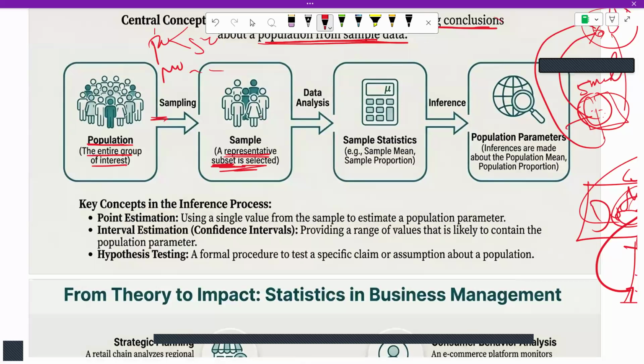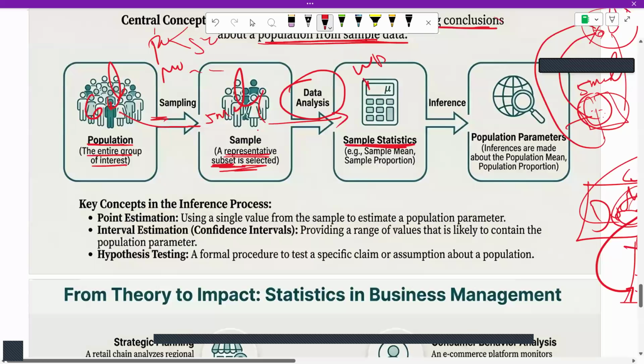Next, the sample. Do the data analysis. This is 6 liters of blood, and from the 6 liters, he takes 5 ml, and the MLT does the analysis, right? This is called sample statistics. He may do blood count, WBC, RBC, sugar level, cholesterol level, everything he will test, right?